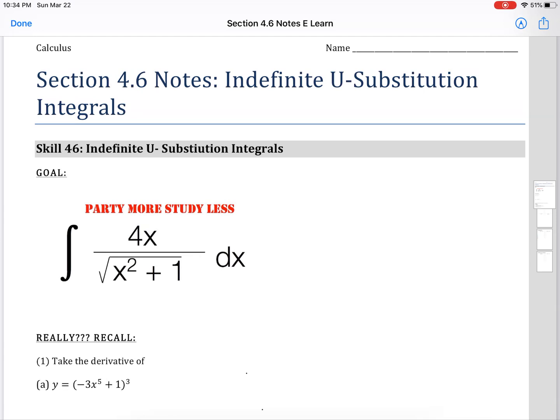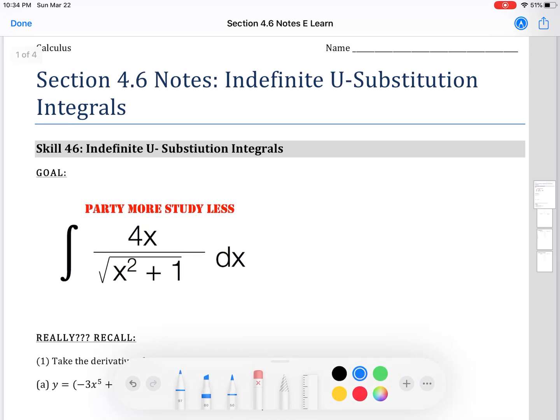And today we're going to learn an integration method that is going to get us to party more and study less. So if we have an integral that looks something like what's on the top of the screen here, something like that, normally we'd panic.